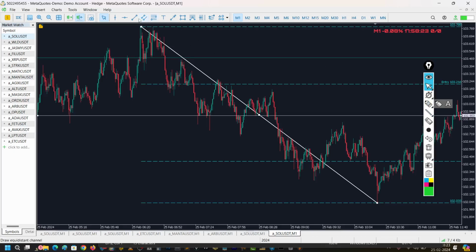Okay, so in this case you can see how price is falling. This is not a liquidity, this is not a liquidity. This is an area, a moment please.